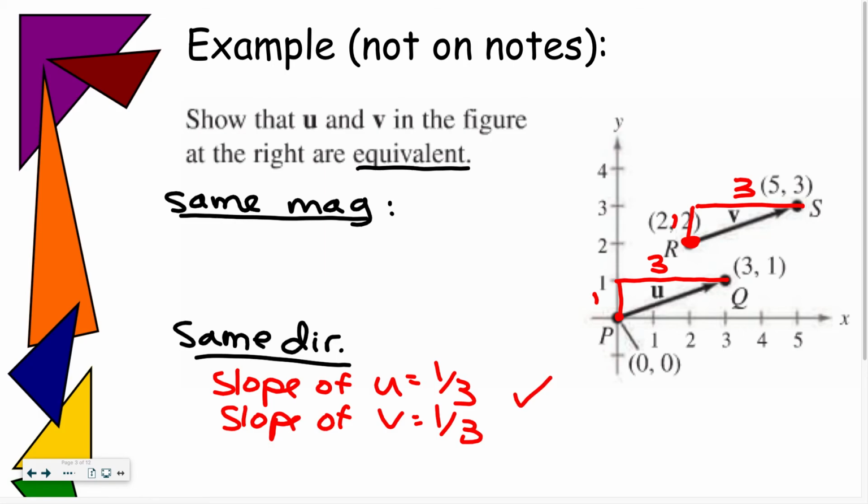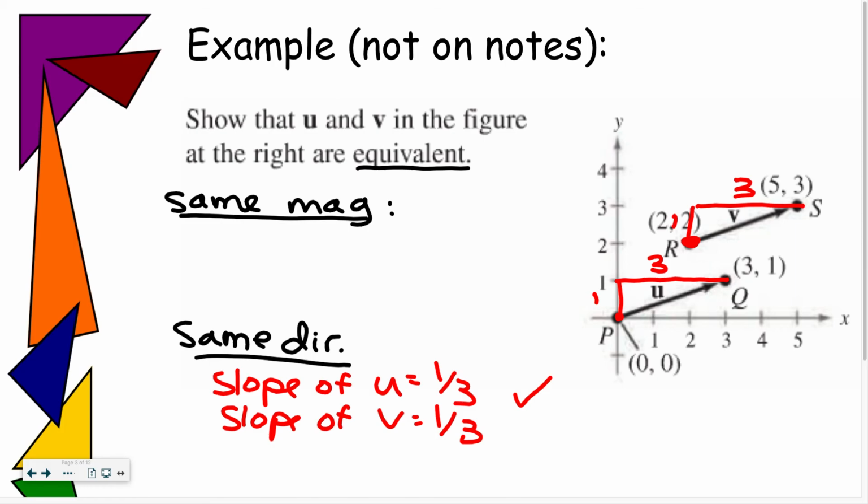Could I have used the slope formula, y minus y over x minus x? Yes. But I really like to just use my rise over run method. Now I've created two right triangles. Okay. For magnitude, that's the same thing as distance or length.